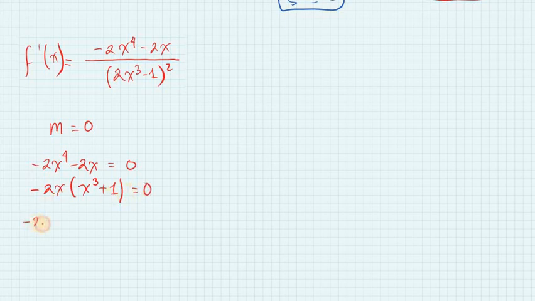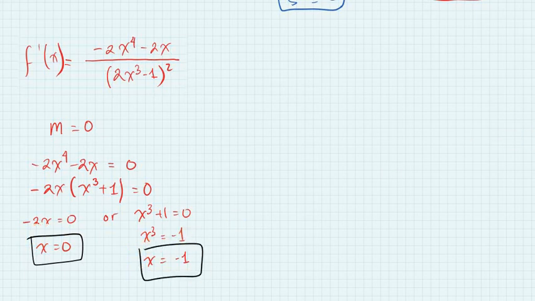So negative 2x equals 0, x equals 0, or x to the power of 3 plus 1 equals 0. So x to the power of 3 equals negative 1, x equals negative 1. The cube root of negative 1 is negative 1. So we got the x.